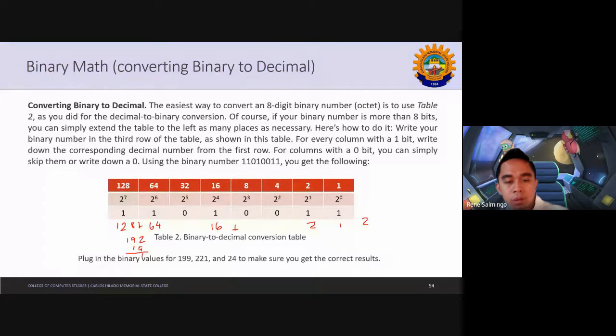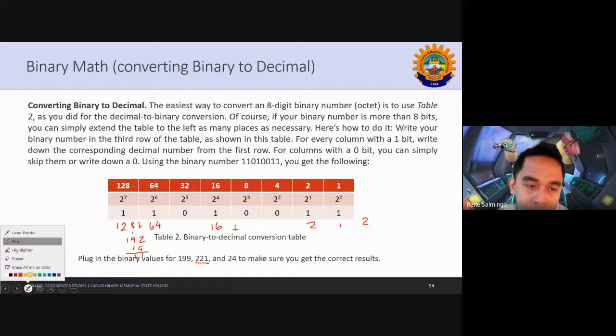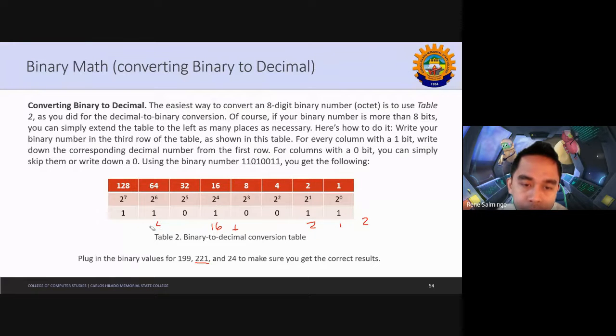The result of the binary is 211. So this is the result as an example. So that's how you convert from binary to decimal using the table.